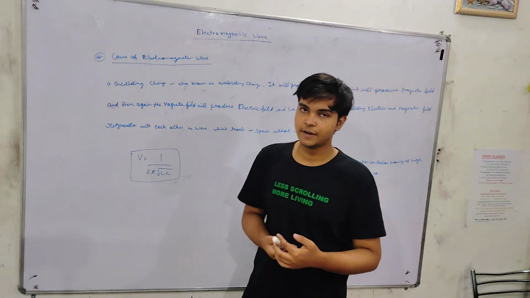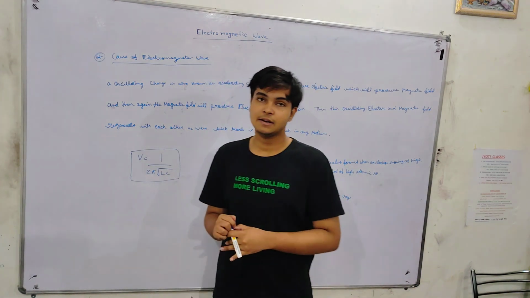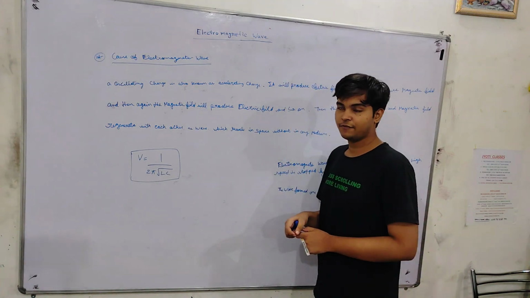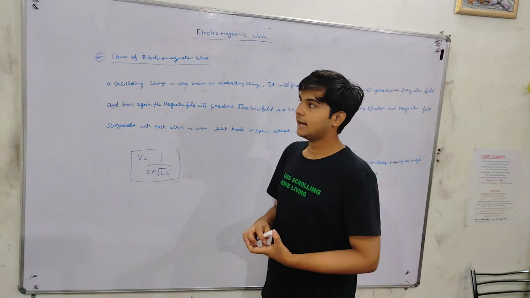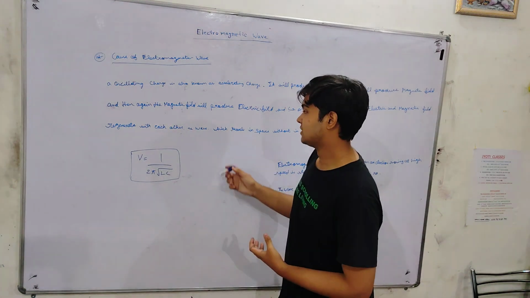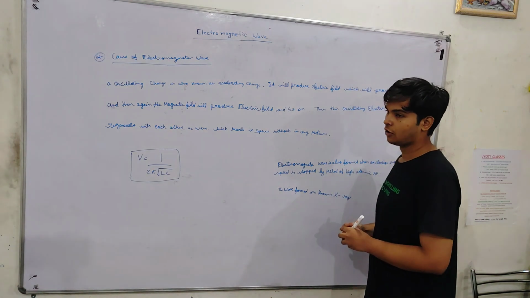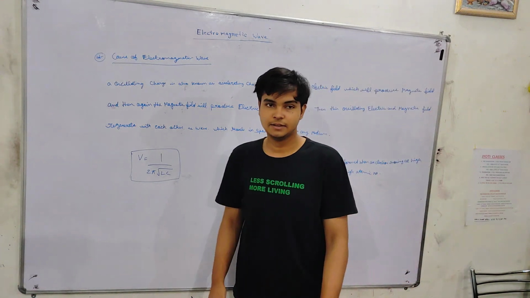The third is Faraday's law of electromagnetic induction. The fourth is Maxwell's circuital law, which can come in the exam as a definition of the Ampere-Maxwell law, and in numericals also. And the cause of electromagnetic wave was the last topic. From this we have covered almost all the topics. Now only the theory part is left, which we will discuss in another class.